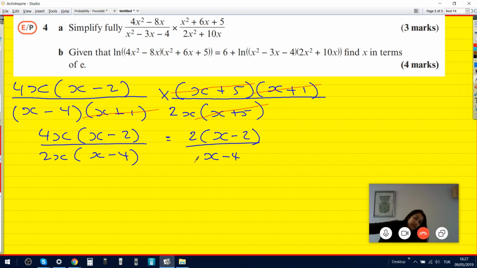Okay. How are we doing this? Are we on the next question? Yeah. Given that ln of the top row equals 6 plus ln of the bottom row, find x in terms of e.